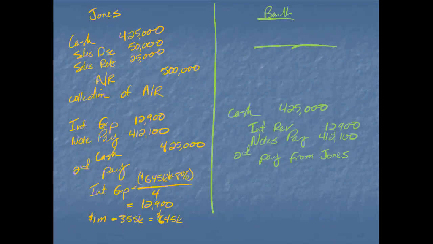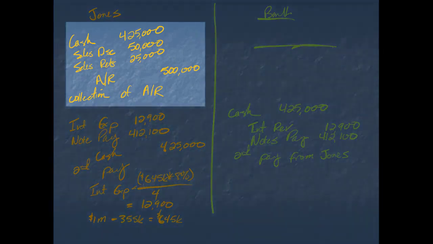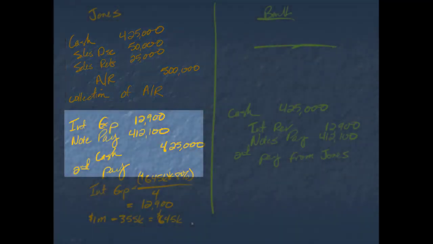You should have come up with something that looks like this. Most people feel pretty comfortable about the first part of this entry, the cash coming in. We reduce the amount of collections by the $25,000 of returns and the $50,000 in discounts. What gets most people is actually the second journal entry for Jones Company, because they want to use the same $20,000 as interest expense. Well, as much as they would like to, banks can't charge us interest on principal we've repaid.